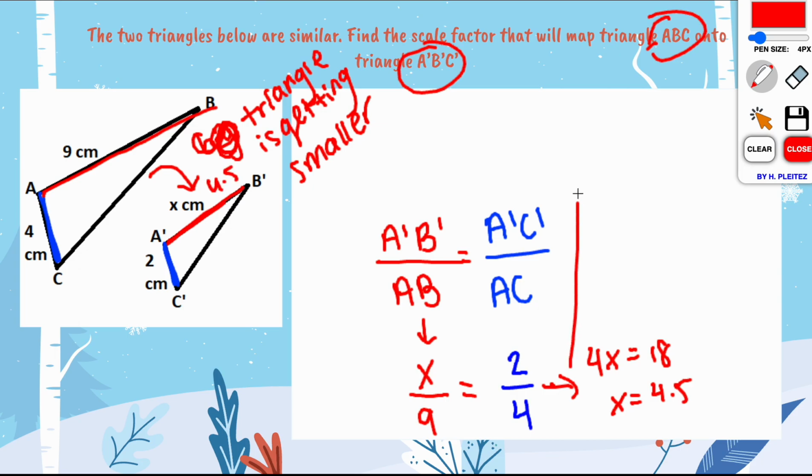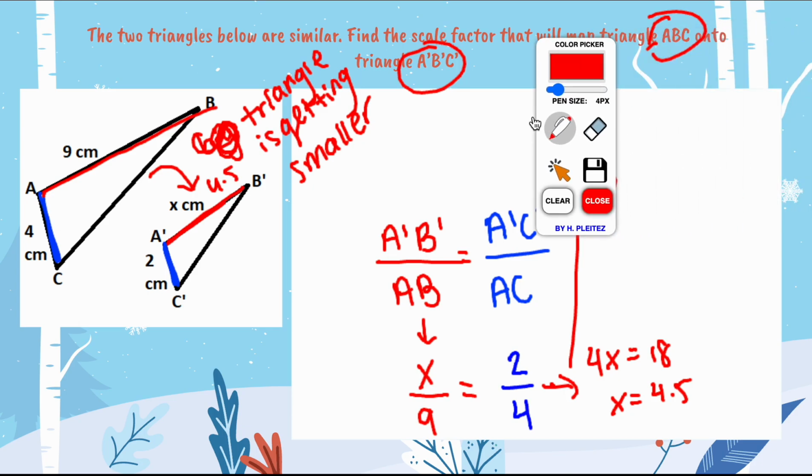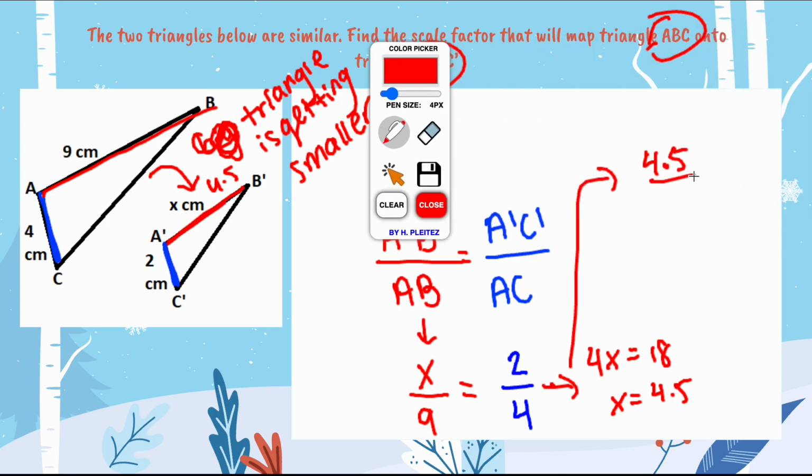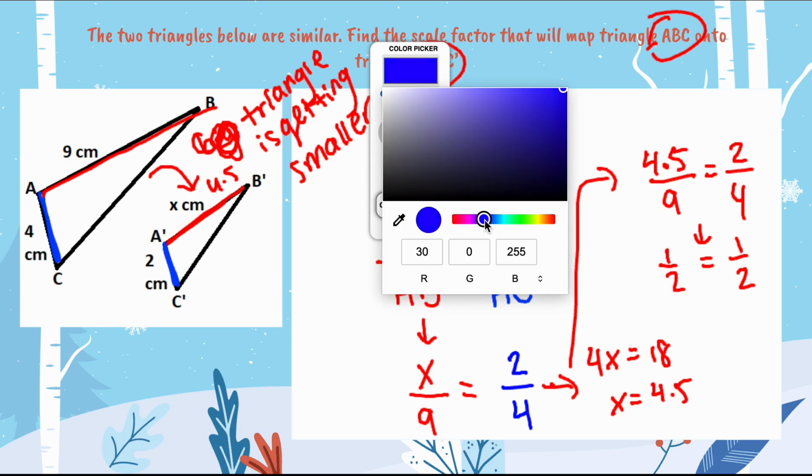If we rewrite our proportions, we have 4.5 over 9 equals 2 over 4. If we simplify either one of these, we get 1/2. So in our proportions, if you simplify just one of those fractions, you're going to get your scale factor.